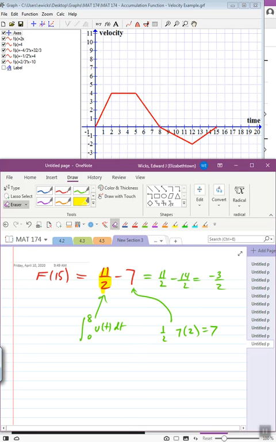Oh, I'm sorry. I made a mistake earlier. Check the area on that trapezoid again for me. I think you trusted me on something there you shouldn't have. Try that again. What's the height?